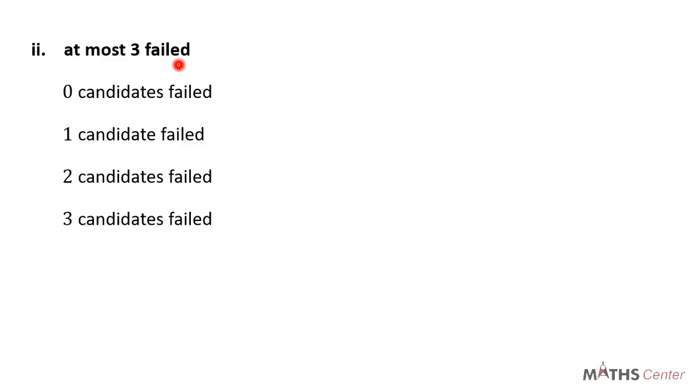At most 3 failed. If at most 3 failed, that is not more than 3 failed, then it means that it's either no one failed, which is the first one, 0 candidates failed, or 1 candidate failed, or 2 candidates failed, or 3 candidates failed.